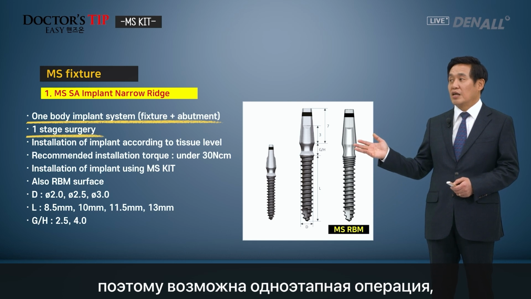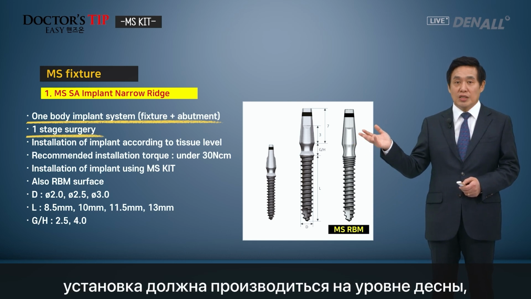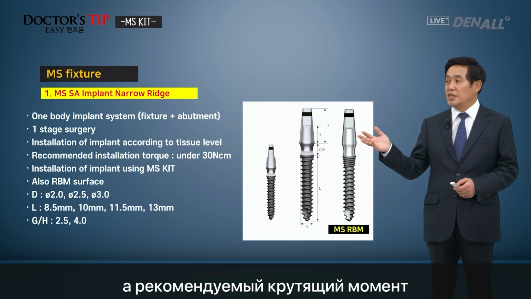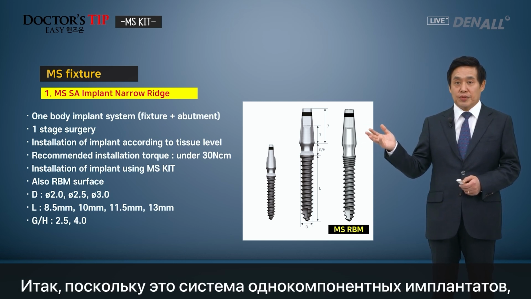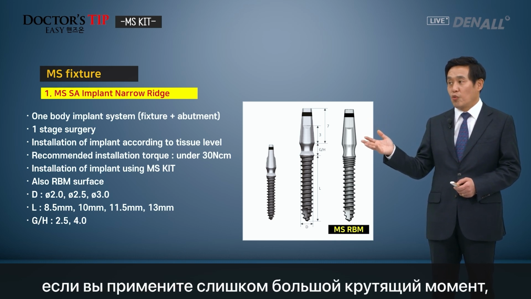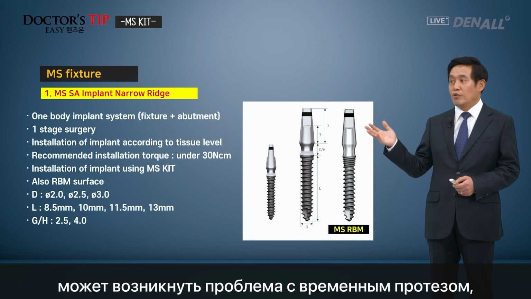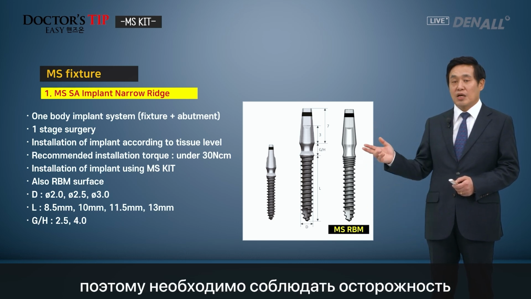So surgery is possible this way and you put it in at the tissue level, and the recommended torque is about 30 Newton. Because it's a one body system, because of the temporary prosthesis, if you push too much torque, it could become a problem. So you have to be cautious not to do that.